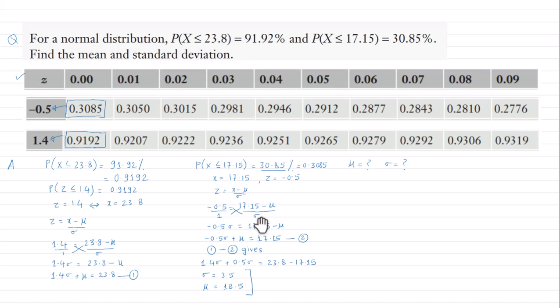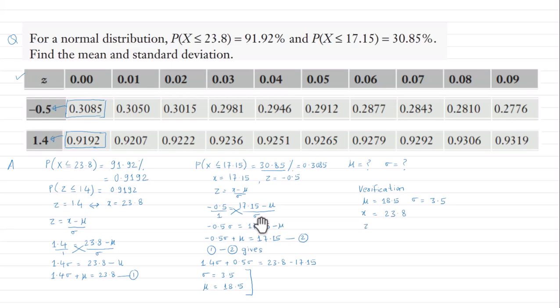There should also be a way to verify whether we have got the right answer, a way to cross check. Maybe I can call it verification. How can I verify? I can use these values of mu, which is 18.5, and sigma as 3.5, and see what Z value I get using the x value as 23.8.